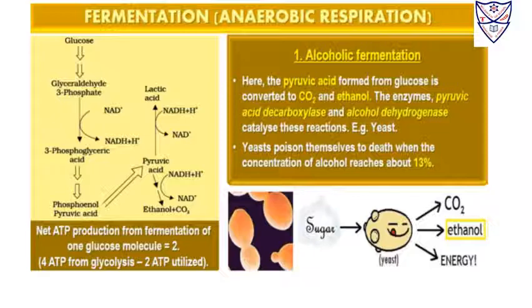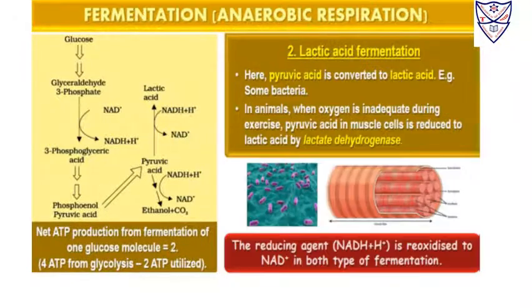Net ATP production here is 2. So total only 2 ATPs will be formed from one glucose molecule. Yeast poisons themselves to death when the concentration of alcohol becomes too high. When it becomes 13%, they will not be able to survive.